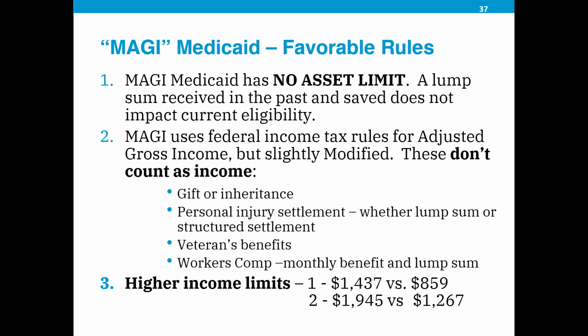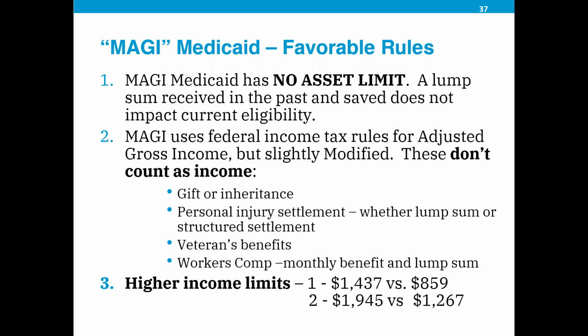An inheritance is just simply not income. A gift is not income. So if mom is supporting an adult child when they lost their job and is writing a check to them for $2,000 every month, that's not income under this.